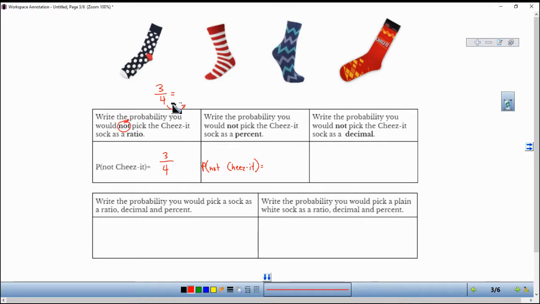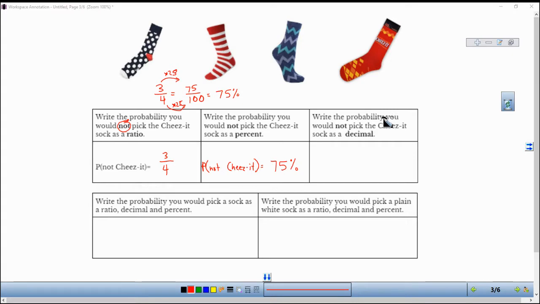So we're trying to get to 100. We're going to multiply by 25 on the top and bottom. And we get 75 out of 100, which is 75%, which makes sense because 3/4 is worth 75 cents. So the percent that you'd not pick the Cheez-It would be 75%.